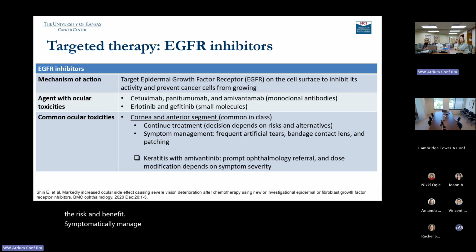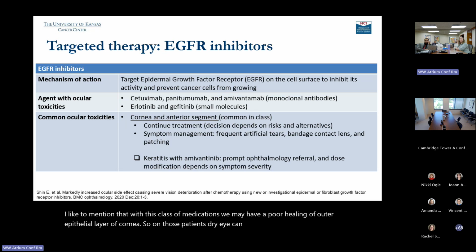I would like to mention that with this class of medications, we may have poor healing of the outer epithelial layer of the cornea. In those patients, dry eye can happen. Besides dry eye, we may have epithelial defects and also erosions. Finally, patients may have symptoms like blurred vision.